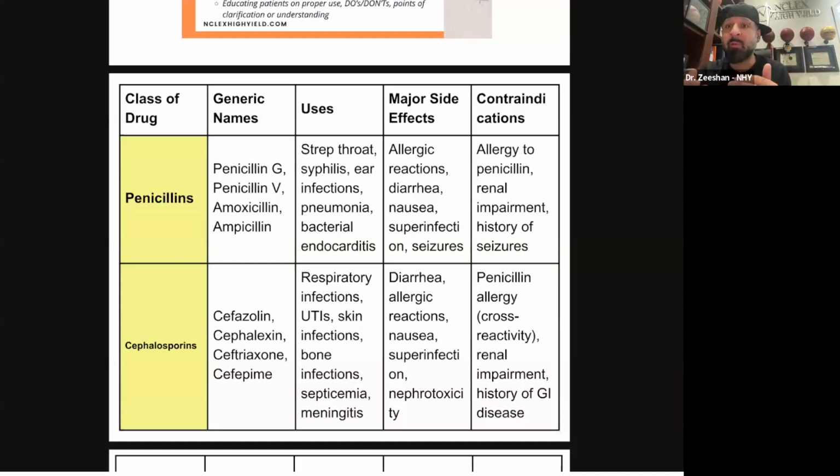What do you think is probably one of the most commonly prescribed drugs, period? Antibiotics, right? People are going to get sick. Kids get sick. We get sick. So knowing your antibiotics, whether you're taking them, prescribing them, or educating your patients on them, you should be familiar with them.